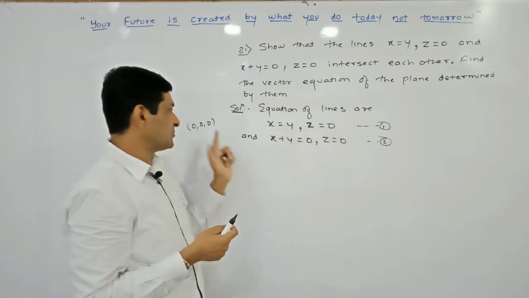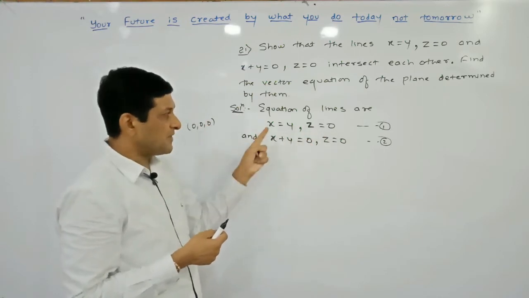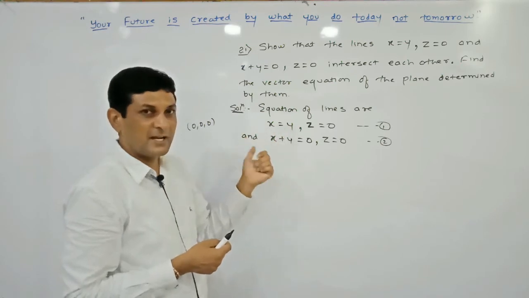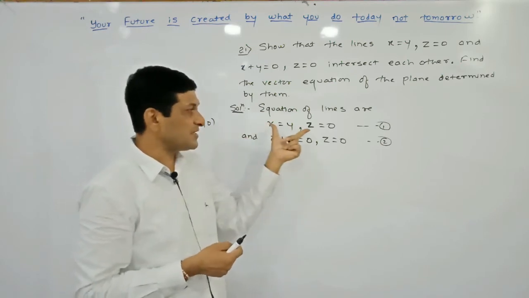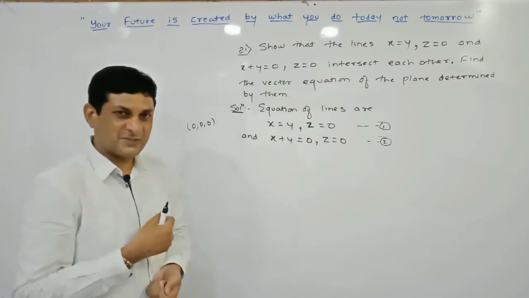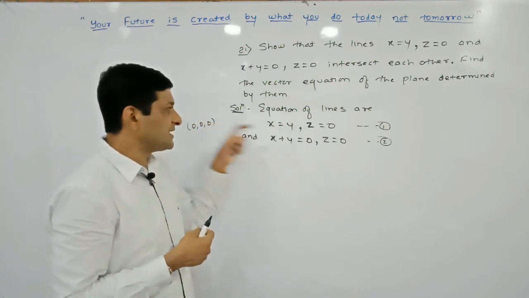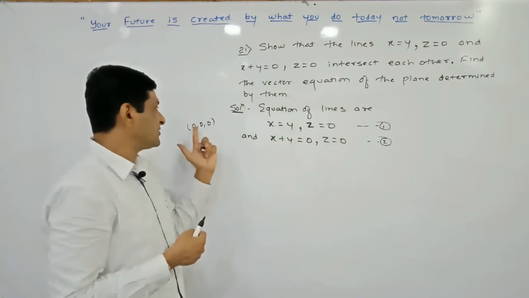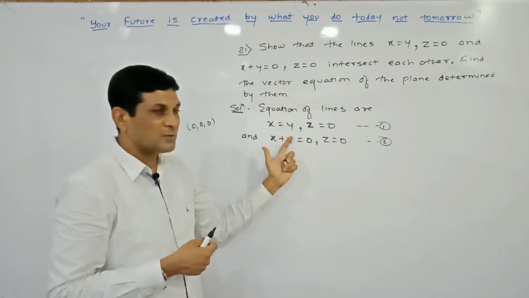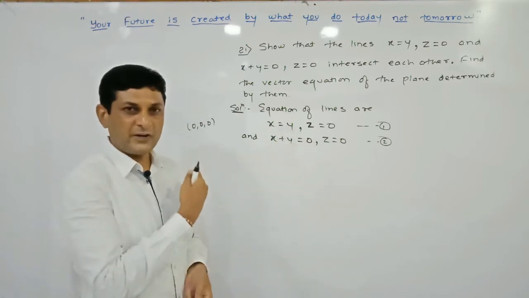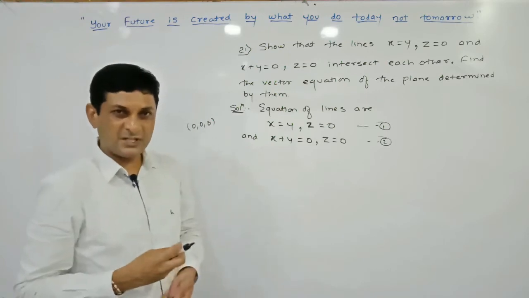Here z is equal to 0 is already given, and if I replace x by 0 and y by 0, left hand side and right hand side are equal, means the origin satisfies the first equation of line. Let us check whether the origin satisfies the second equation or not. Already z is equal to 0 is given, and if we replace x and y by 0, 0, so 0 plus 0 is equal to 0, means left hand side and right hand side become equal, means the origin satisfies both equations of line.